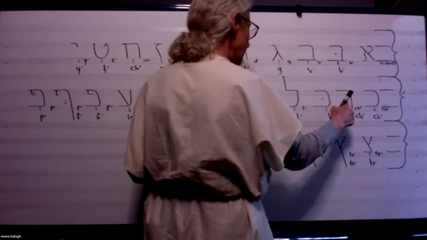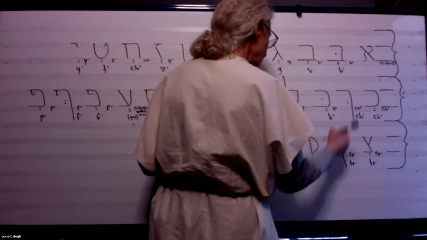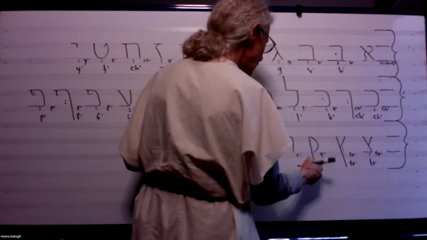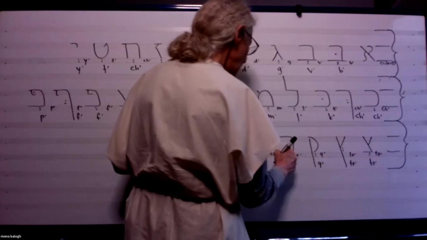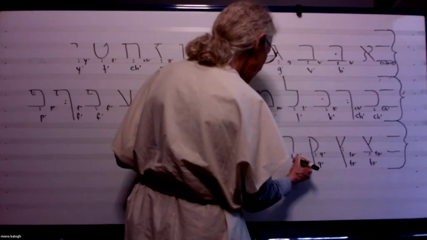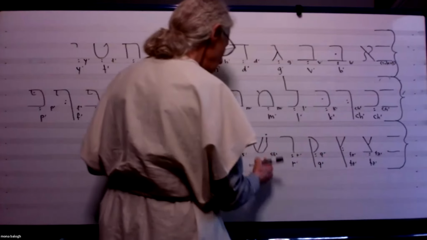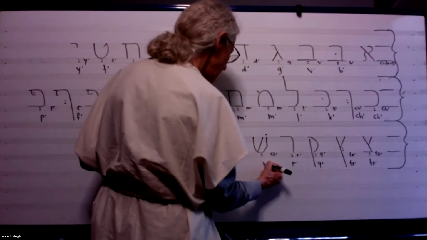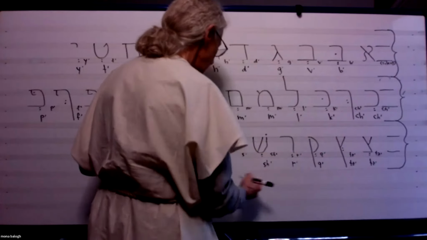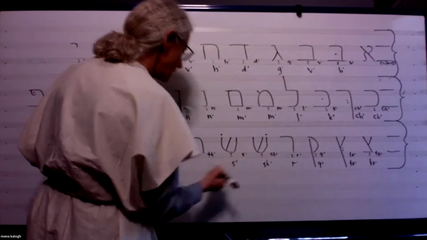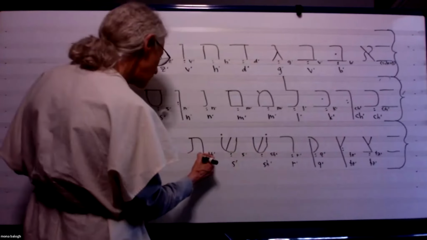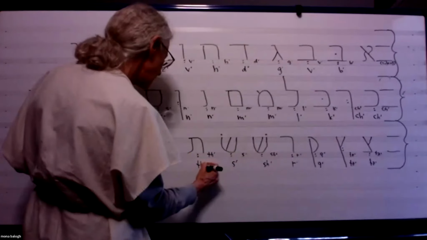You will see the chaf sofit with the shva. Kuf, shva, k. Resh, shva, r. Shin, shva, sh. Sin, shva, s. Tav, shva, t.